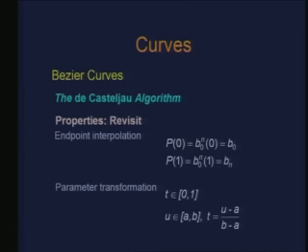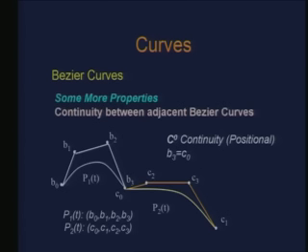Now, let us try to see some more properties of Bezier curve in general. Okay. So, now let us say we are considering a scenario where we want to have a definition of one Bezier curve defined from B 0, B 1, B 2 and B 3.